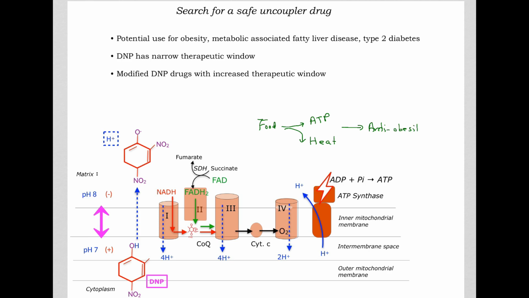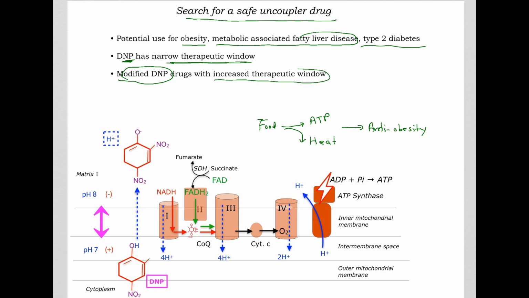That's one reason why there's a lot of interest in finding a safe uncoupling chemical for use in obesity, for metabolic associated fatty liver disease, as well as for type 2 diabetes. DNP is very dangerous because it has a very narrow therapeutic window. One can get into the toxicity range very easily. So there is a lot of research going on in finding modified DNP derivatives that have a much safer profile.